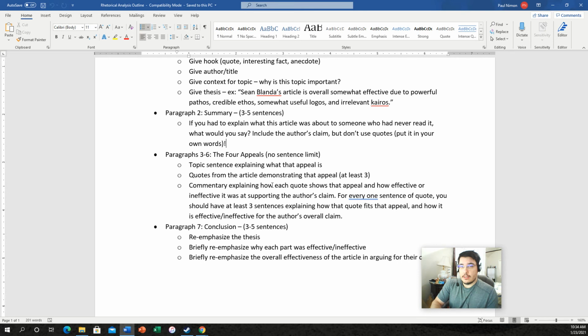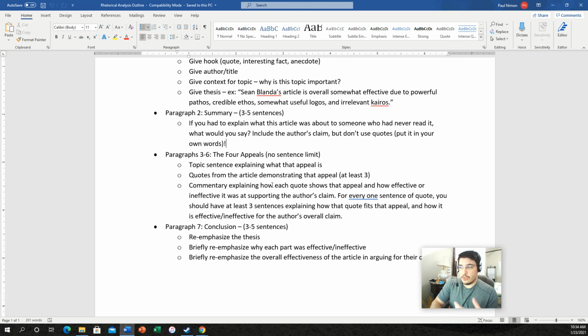Why or why not? And then for kairos, is this article relevant now? Was it relevant at the time that it was written? Will it be relevant again in the future? Why or why not? Find me quotes that talk about the relevancy of its timing.